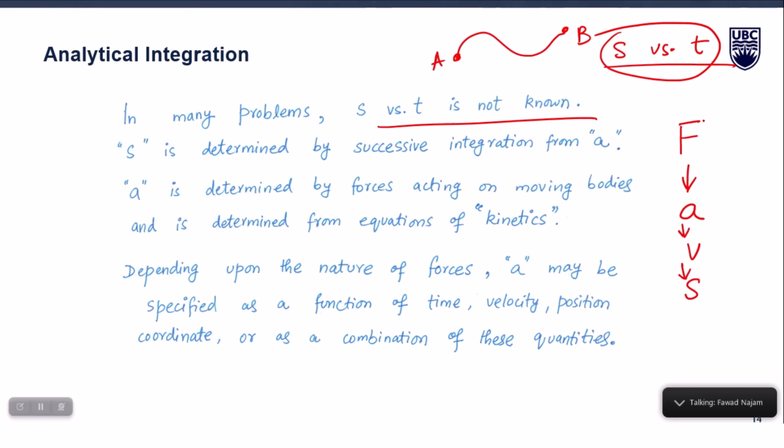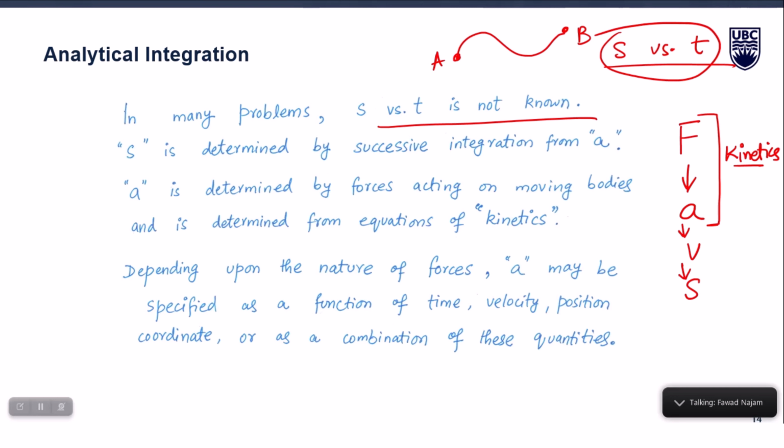The part where the F and A relationship is studied is currently out of scope of this topic, because we are discussing kinematics. This particular part is kinetics. In kinetics, we will be dealing with problems where force is given and you will be determining the motion parameters, acceleration for example, using mostly Newton's second law.